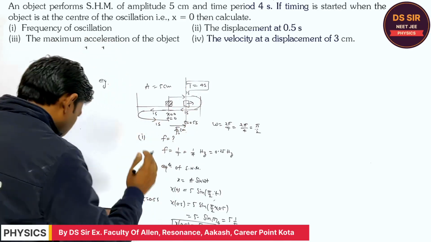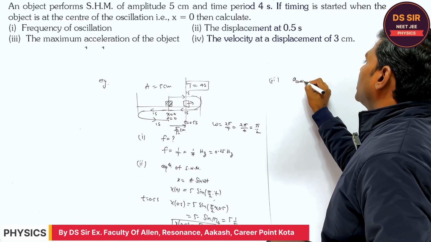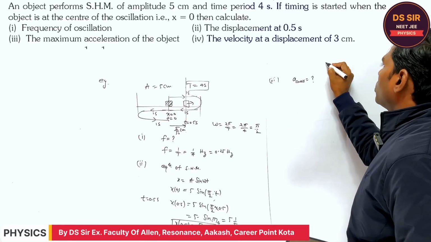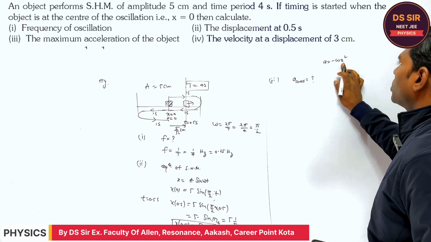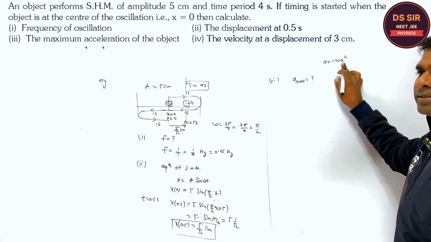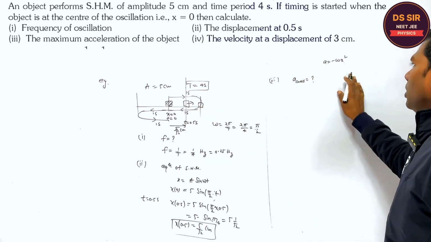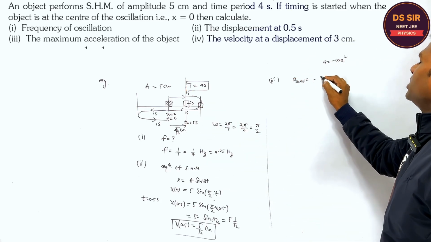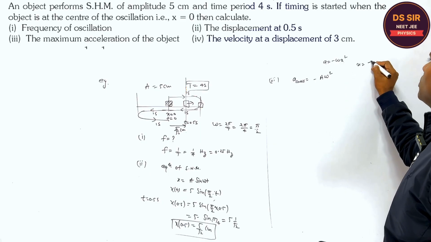Fine. First copy this. In the third part, they are asking the maximum acceleration, right? The formula of the acceleration is minus a omega x square. It depends upon x. So when x is maximum, the maximum acceleration is a omega square at x is equal to plus or minus a.